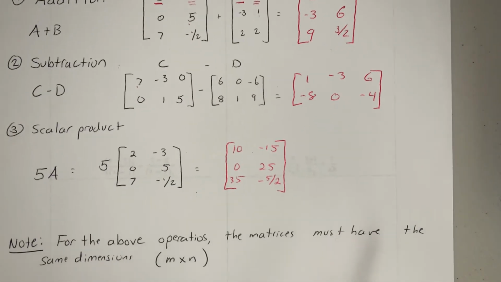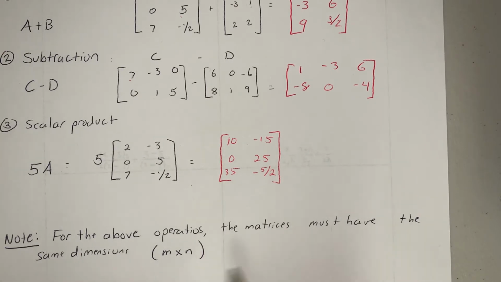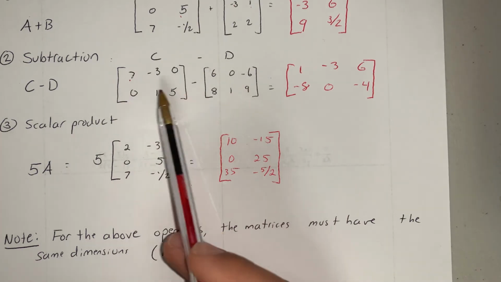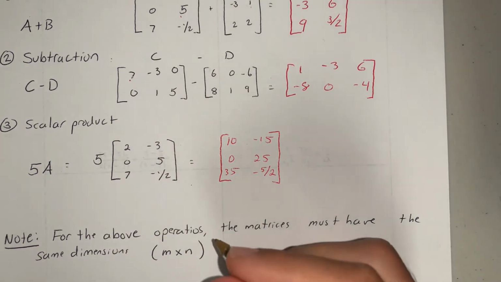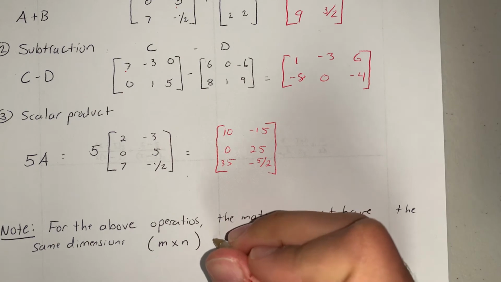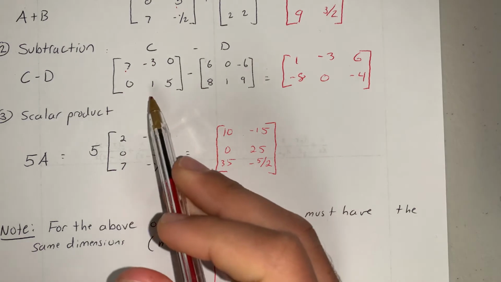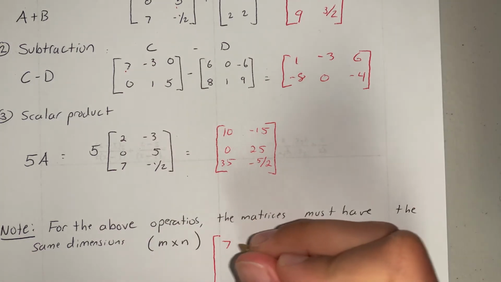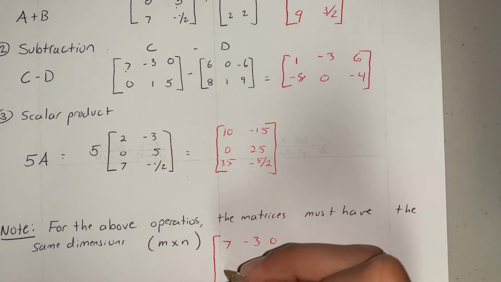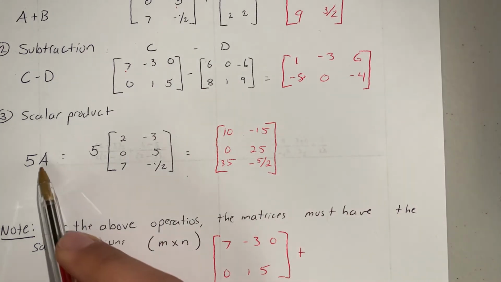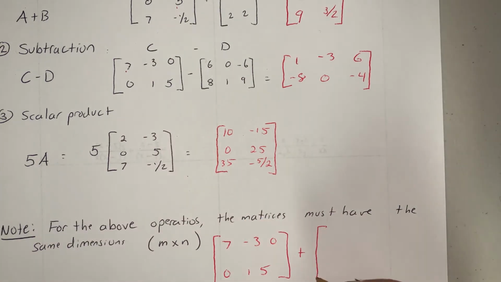Now, note, for the above operations, the matrices must have the same dimensions. So here they are the same dimensions, n by n. An example that you couldn't do: say you had matrix C, so 7, minus 3, 0, 0, 1, 5, and say you wanted to add that to matrix A, which is 2, minus 3, 0, 5, 7, minus 1 half.